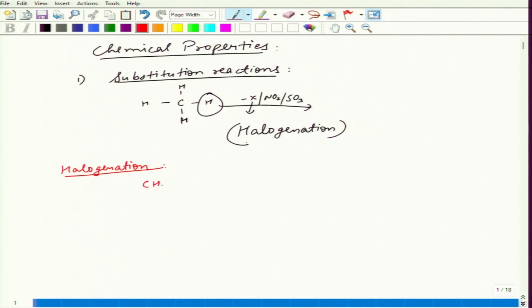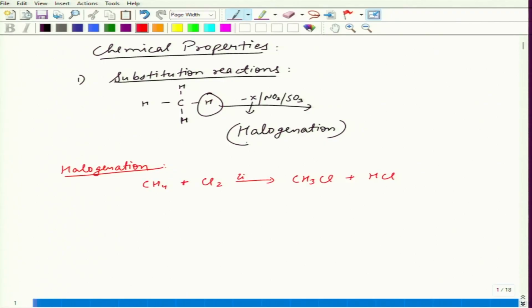If I take the example of methane and replace a hydrogen with, let us say, chlorine, one atom is replaced, forming CH3Cl, and it will form one HCl. As I have already told you, saturated hydrocarbons are not very reactive. So, obviously, directly adding Cl2 to any alkane will not give us the alkyl chloride. We require certain conditions for that.